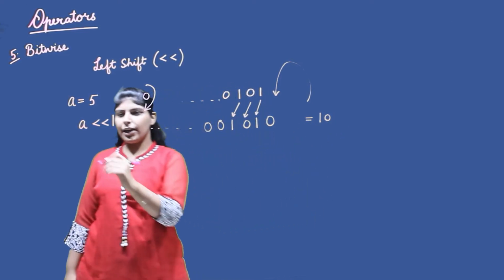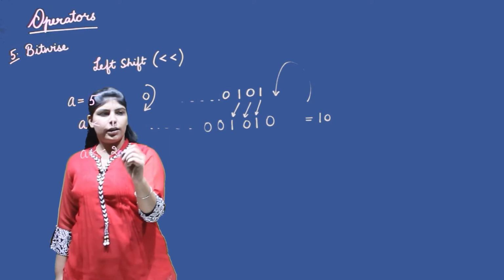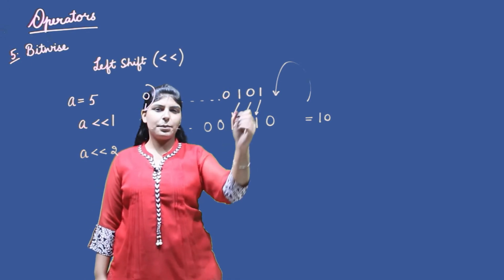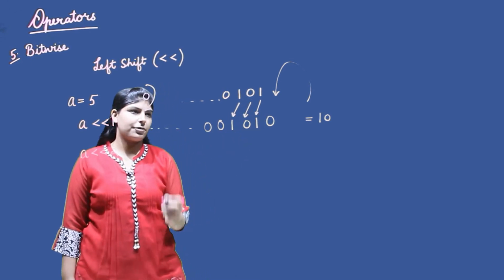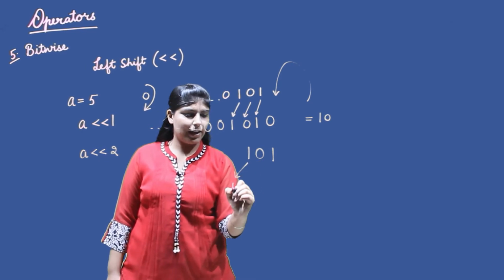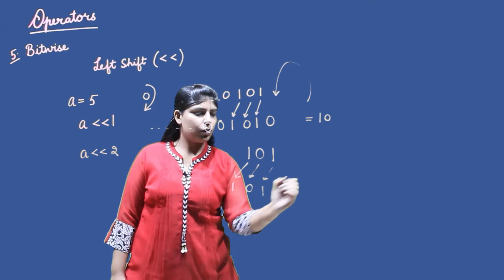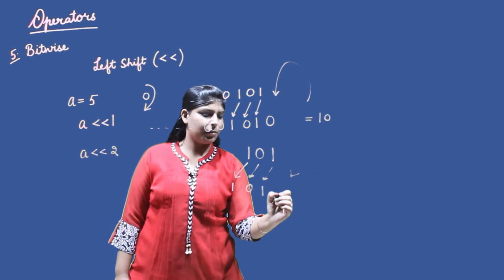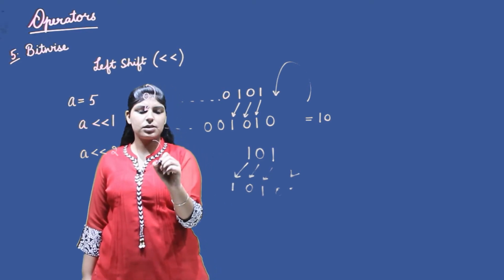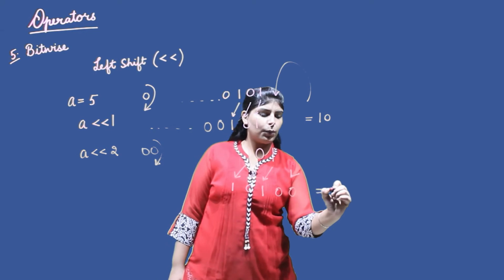Now if I shift A left by 2, all the bits will be shifted 2 positions to the left. So 1 0 1 will be shifted 2 positions to the left, and 2 zeros will be added at the right end, 0 0, and the 2 leftmost zeros will be removed. So this is equivalent to 20.